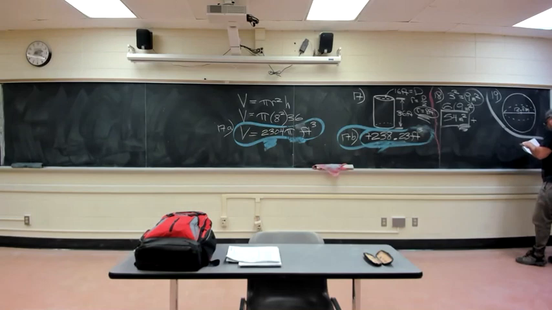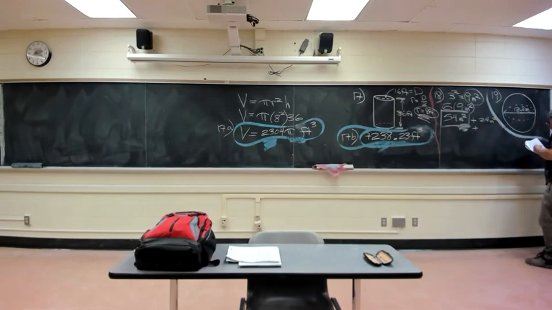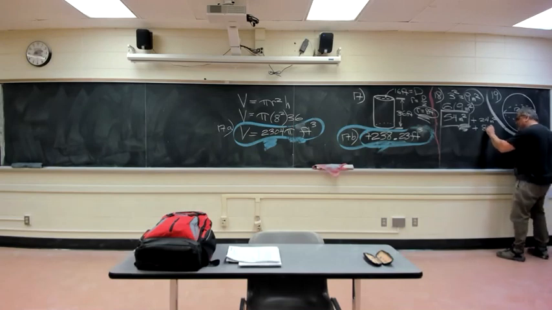There's 3 on the bottom, 3 meters, 2 meters. 3 by 2 is 6, and there's 4 faces that have that. So 4 times 6 is 24. And the 2 sides are 2 by 2, so 2 times 2 is 4, and there's 2 of them. That's 8.